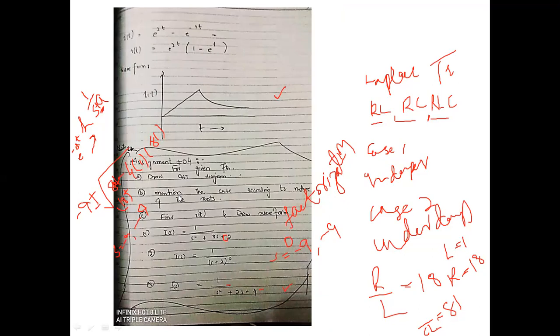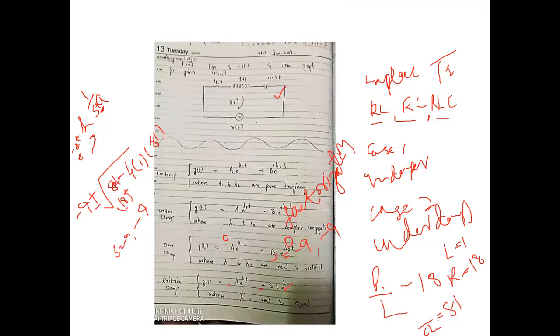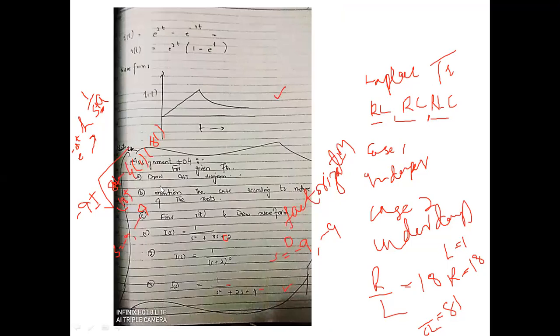Okay, so here is the assignment for you people. The assignment is, this is the circuit, and for this circuit you have to draw the circuit diagram, mention the case according to the nature of the roots, and find I of t and draw the waveform. I of s is equal to 1 over s square plus 3s plus 2.